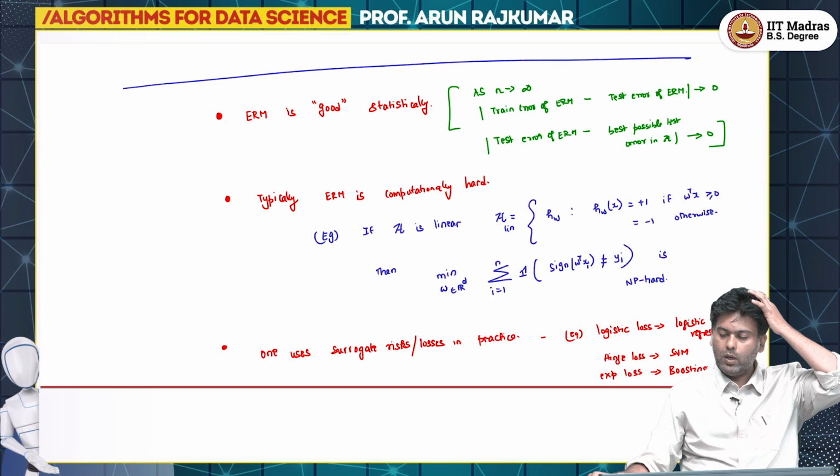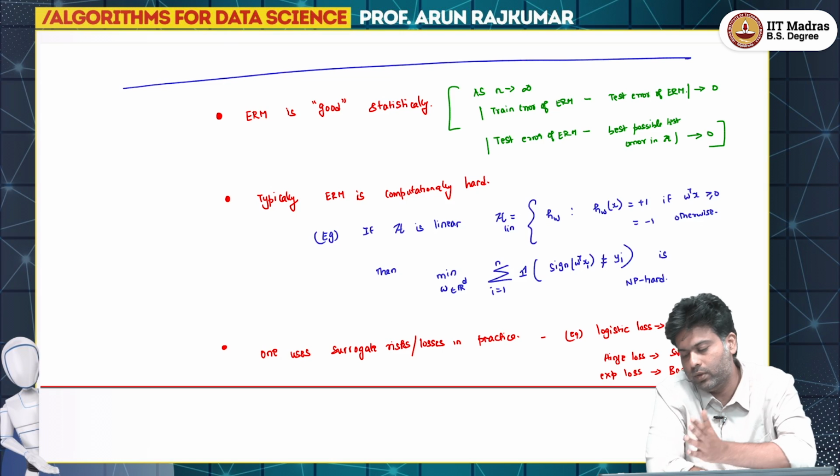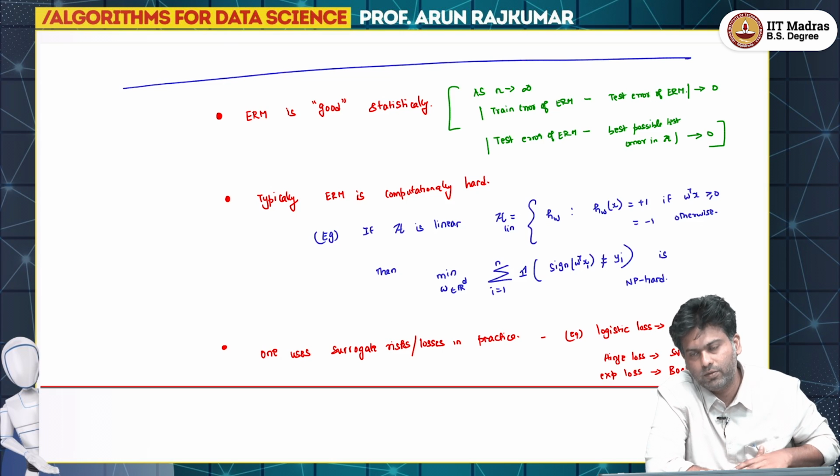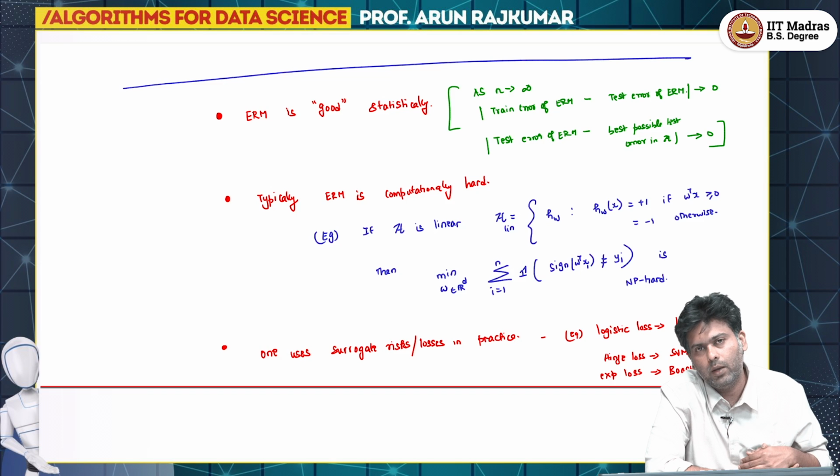So, of course, I do not want to describe what these losses are in this course. I am assuming many of you might have seen this. If not, it suffices to say that we cannot directly minimize the train error, even if you are searching in a finite VC dimension hypothesis space like the linear hypothesis class.